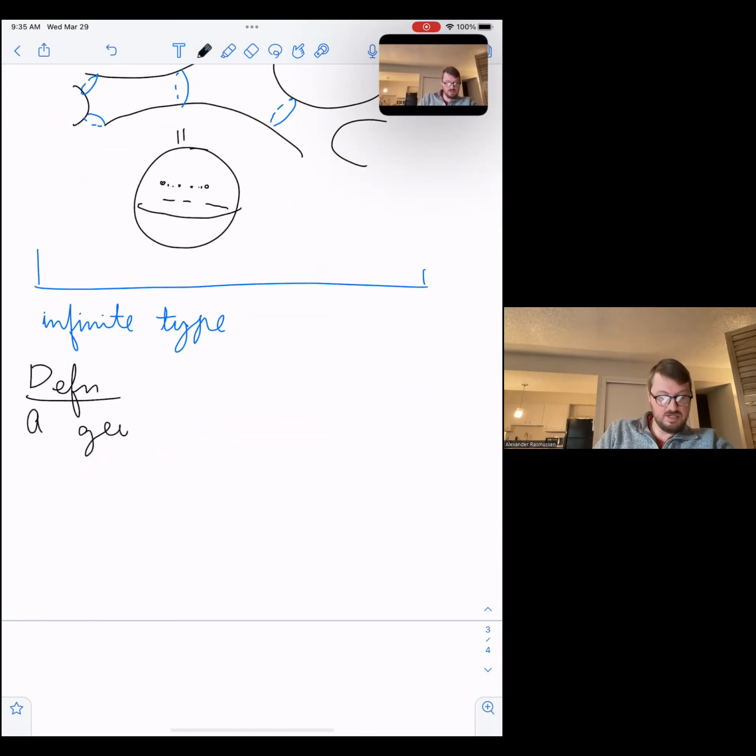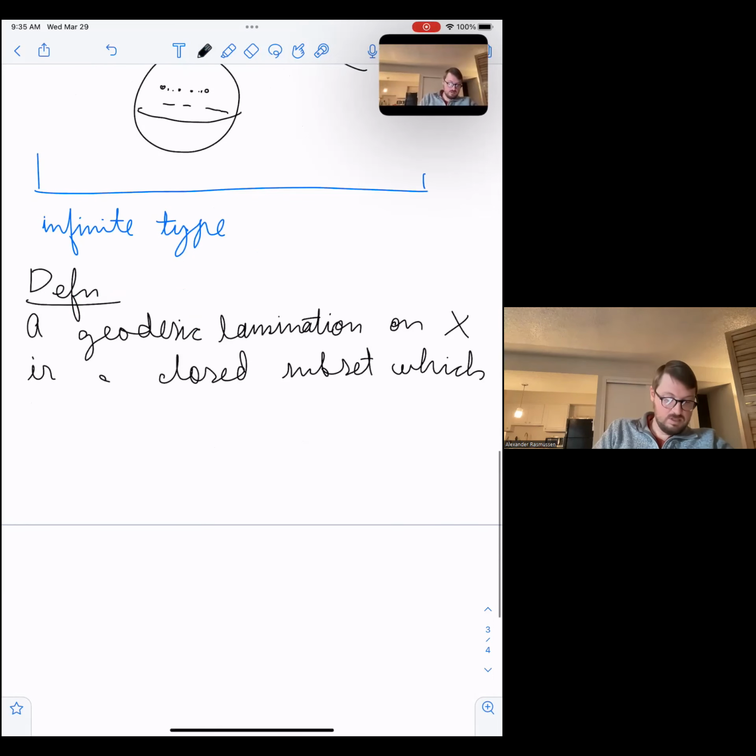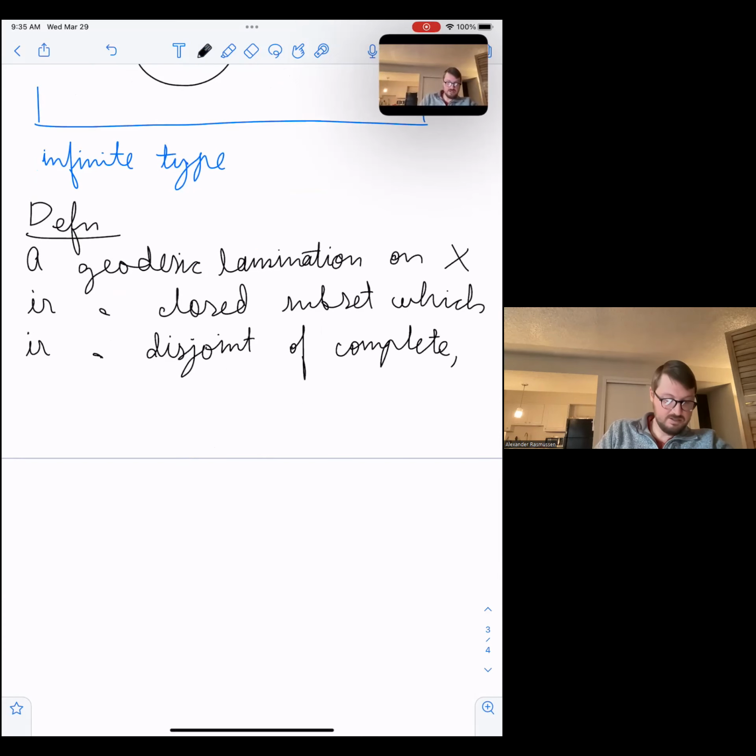So a geodesic lamination on X is a closed subset which is a disjoint union of complete simple geodesics.